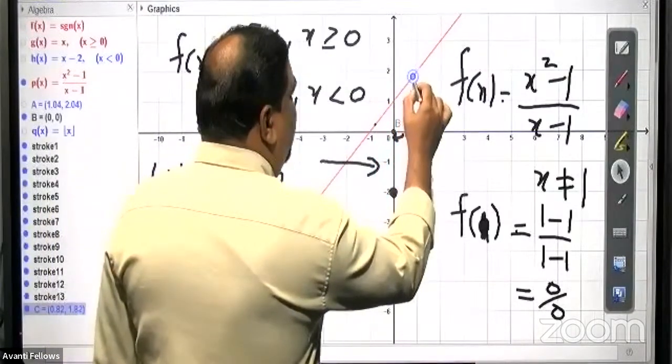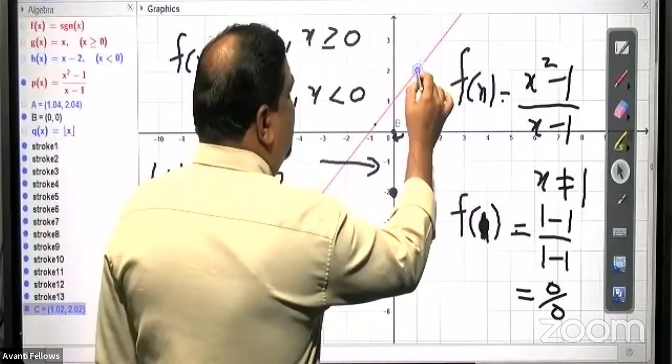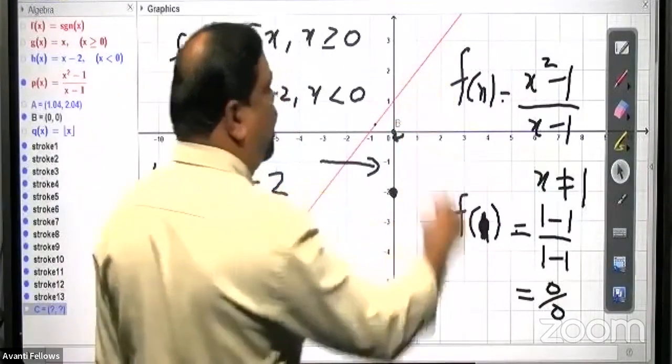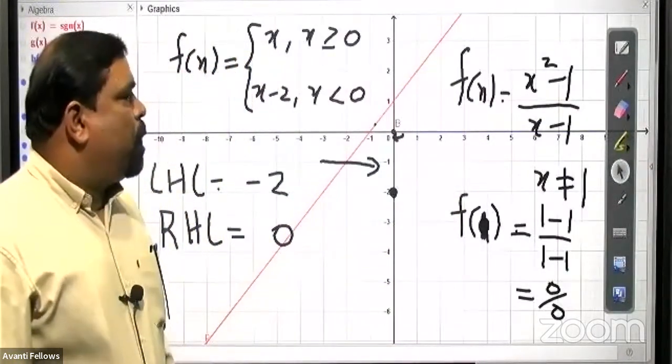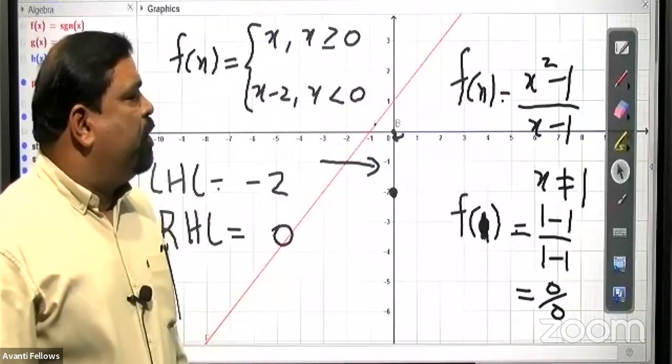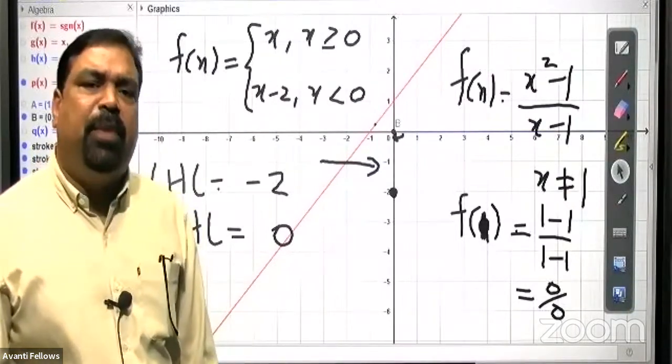Everywhere you can see this point. Now what happens? Just when I reach the point 1, suddenly the point disappears. Now you cannot find that point. Why? Because at the point 1, the function has no value.